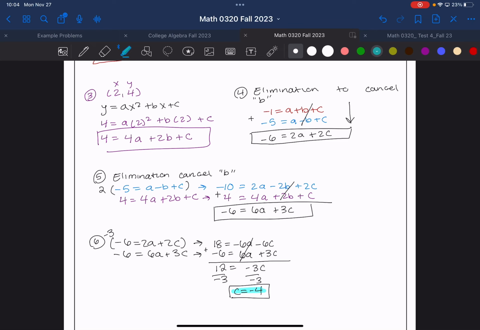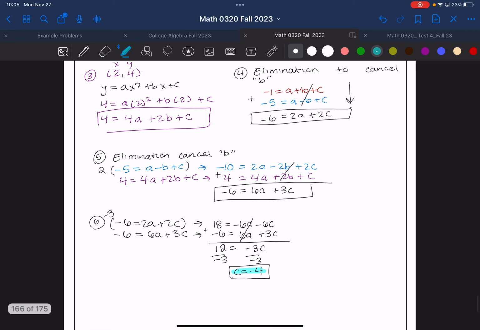So I already found C. So what equation could I use now to find another variable? There's two possible ones I could choose. Like plugging C into one of the other equations we made? Correct. So we could plug C into number 4 or into number 5.